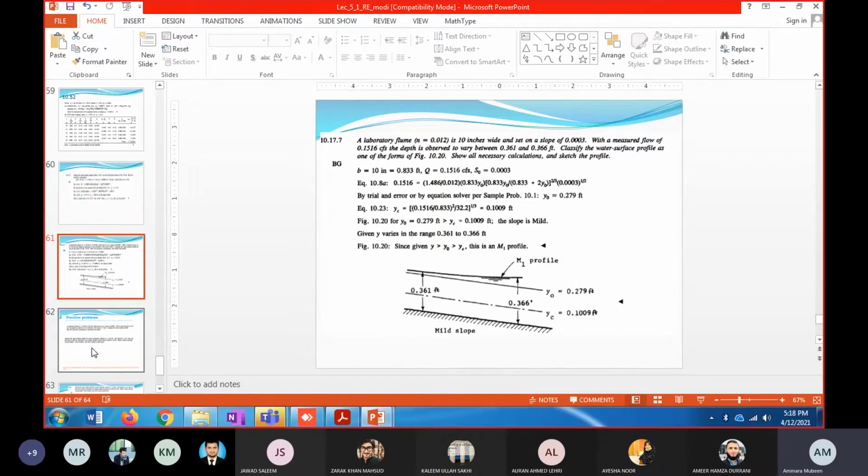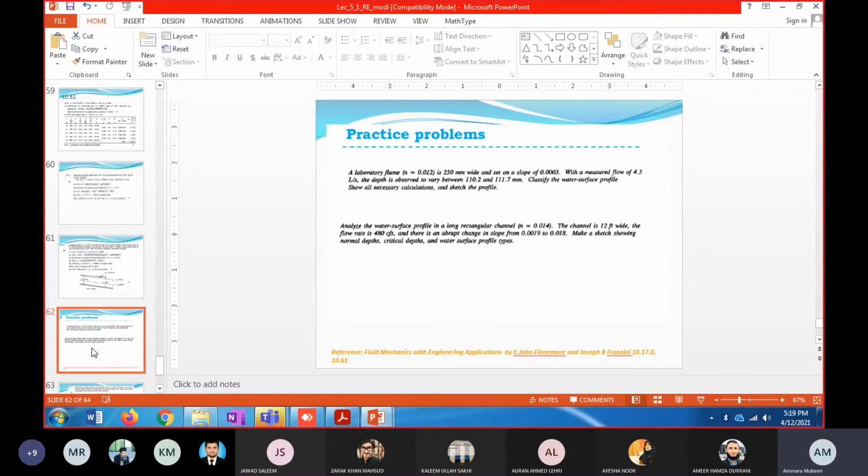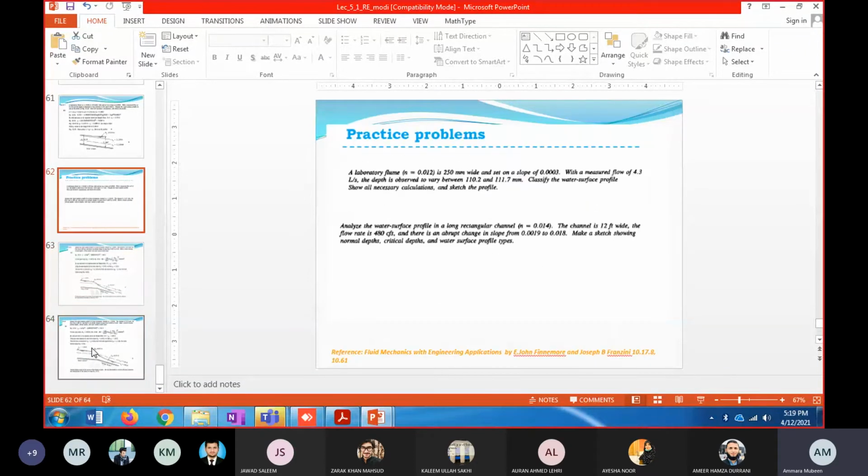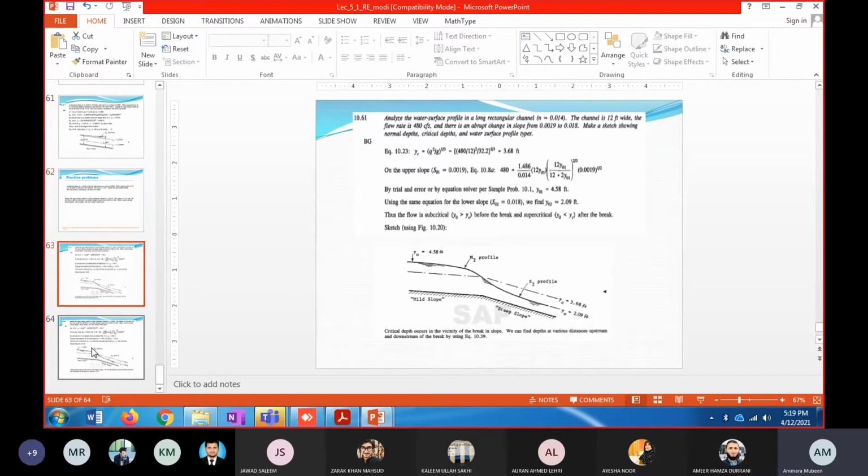So using the normal depth and critical depth value, you can classify the water surface profile. All the questions are regarding the sketching of the water surface profile or classifying the water surface profile. So the same kind of questions are there, and I expect that you'll be able to do that.